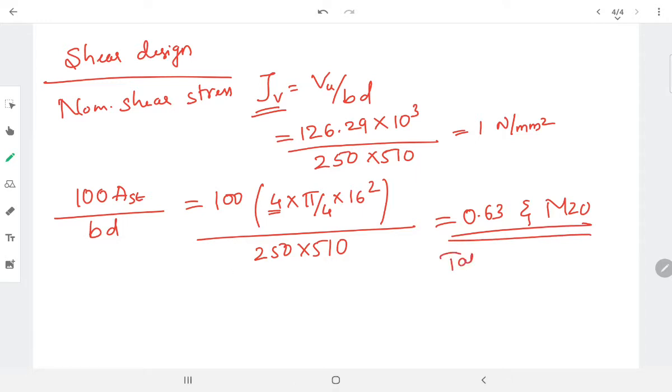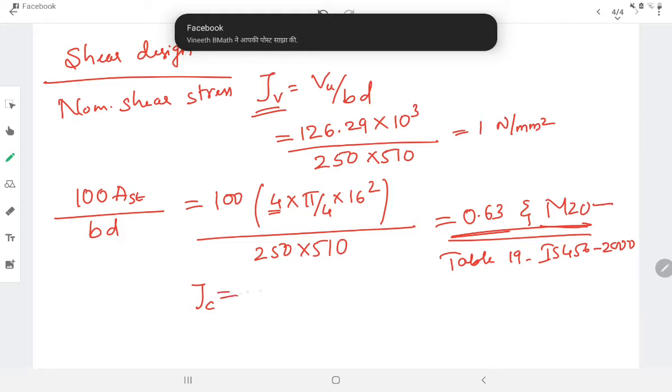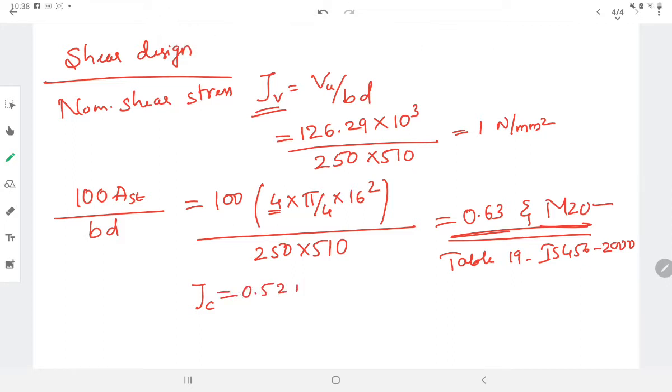Refer table 19 of IS 456 2000. In this, for 0.63 and M20, refer the row of M20 and 0.63 column, you will get permissible tau C value as 0.52 Newton per mm square.